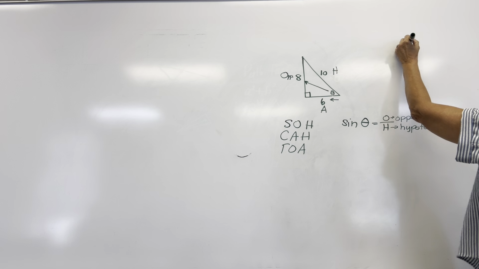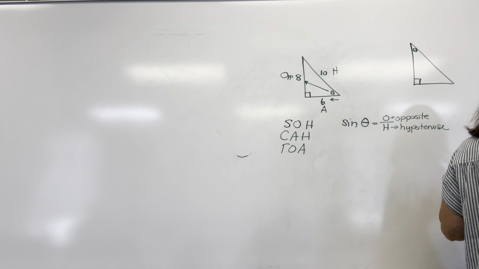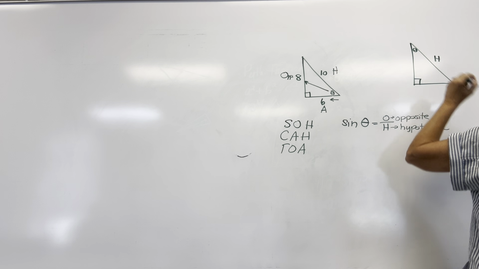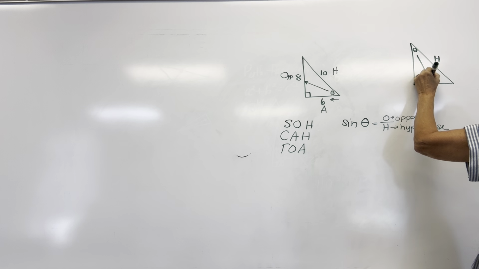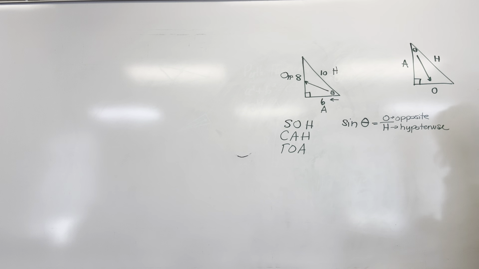So if I had drawn my triangle with theta here, this would be H, and that is A. It depends on where your theta is.